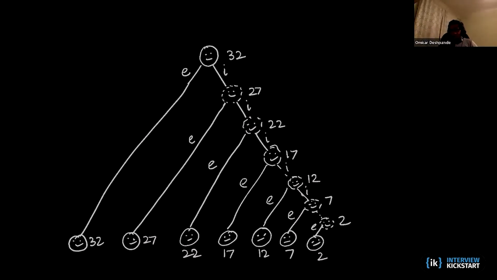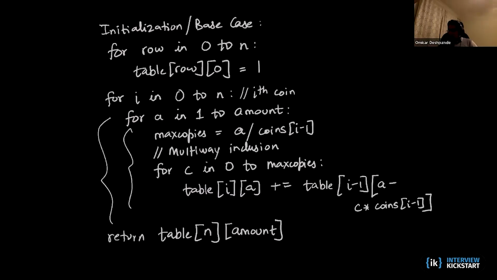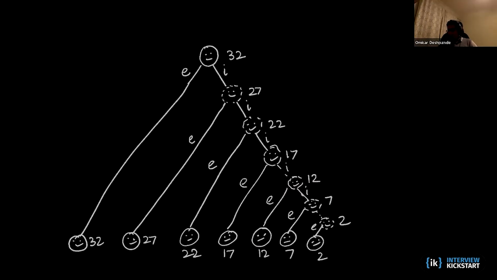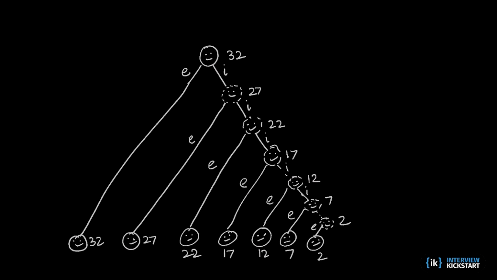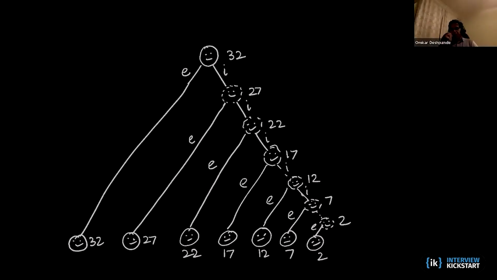And so on. So this might seem to make the tree bigger, but in terms of the code, it makes it easier because all I need to now decide is, should I stop considering the ith coin, or should I include one more copy?